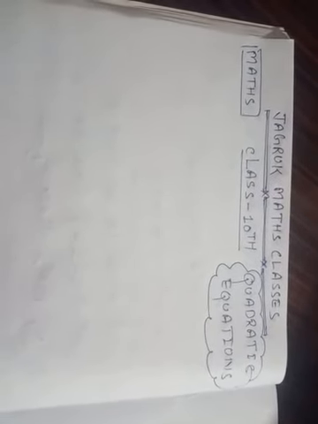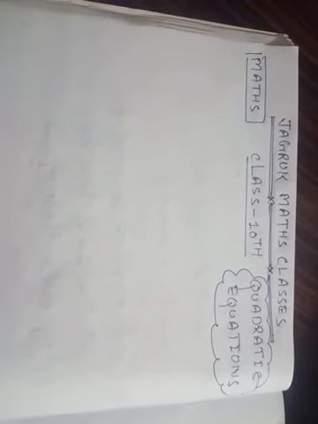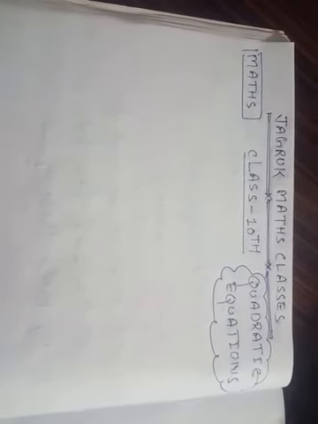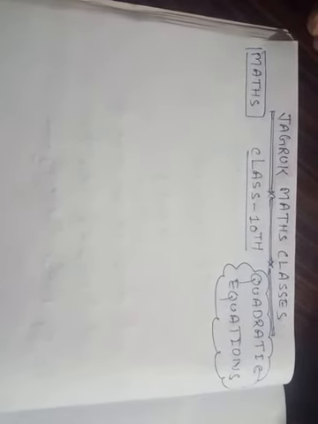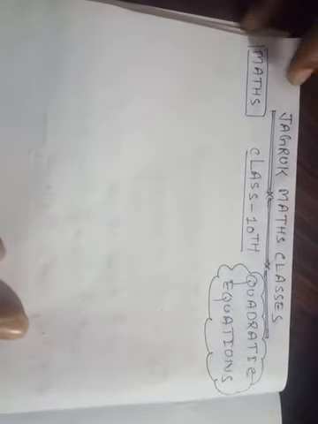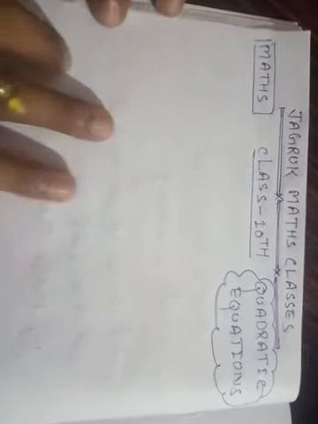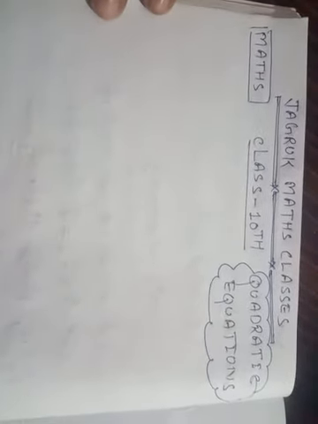What are the different methods of solving any given quadratic equation, how to find out the two roots of any given quadratic equation, and what are the different methods to solve any quadratic equation according to the situation provided. So let's start this video by defining how to solve.